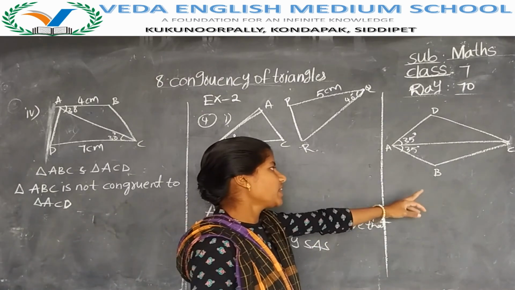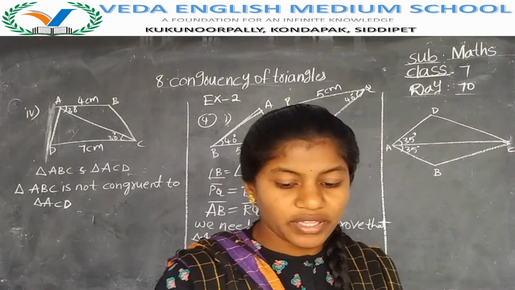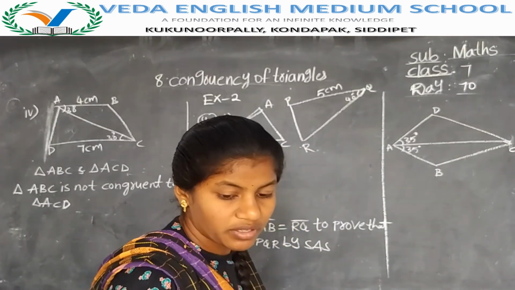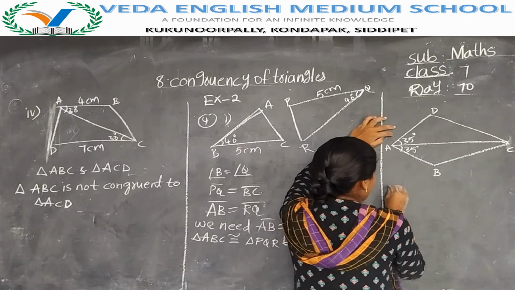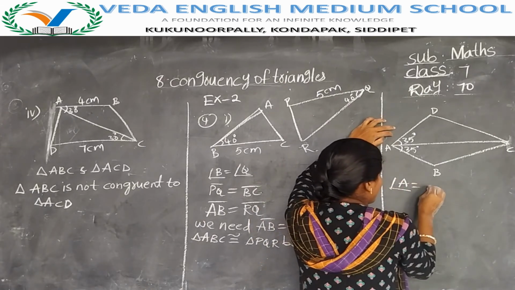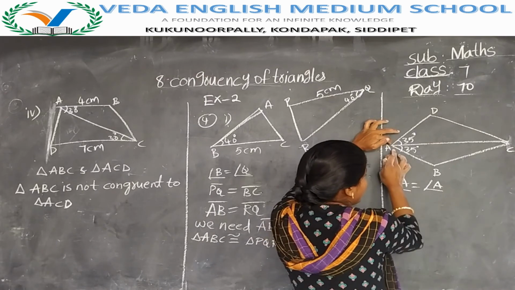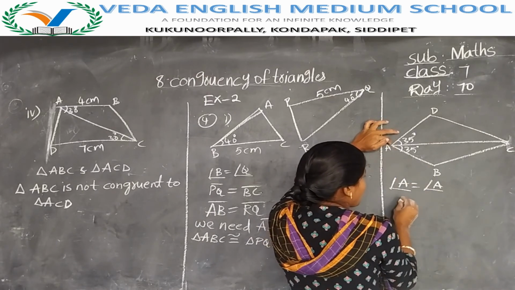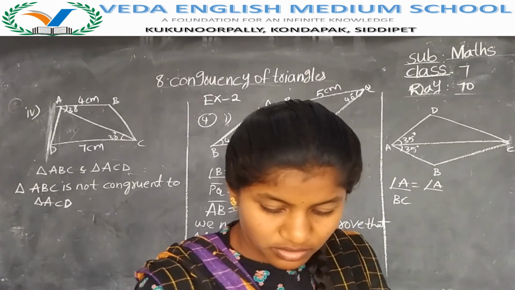Now it is the second figure. In this also we have to say which information we need additionally to say that these two are equal. Here you have to say angle A is equal to angle A only, because for both of them it is common. Then AB is equal to AD. Do you have any information about BC here?